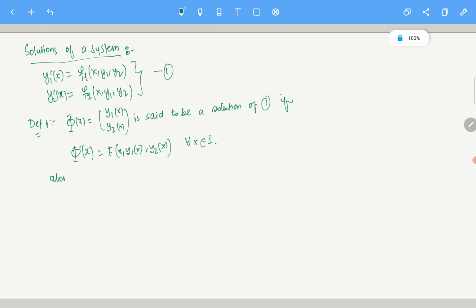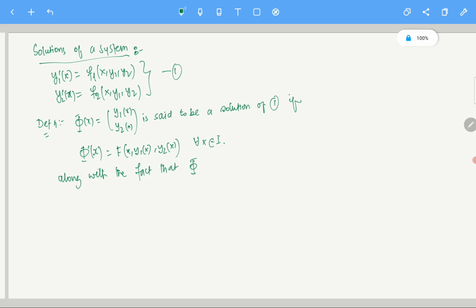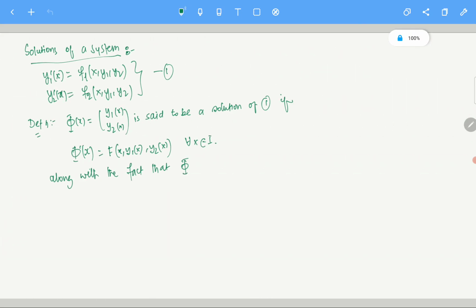Along with the fact that phi has to be a C1 function from I to R2.